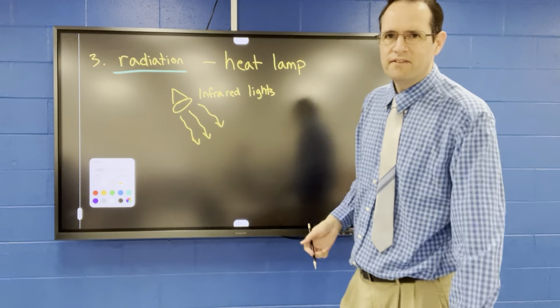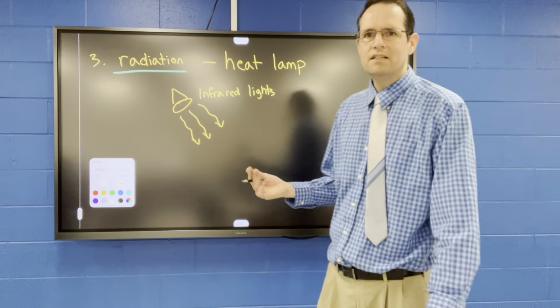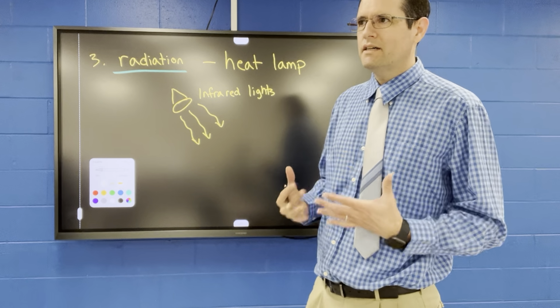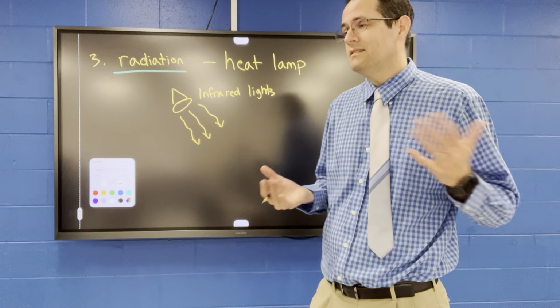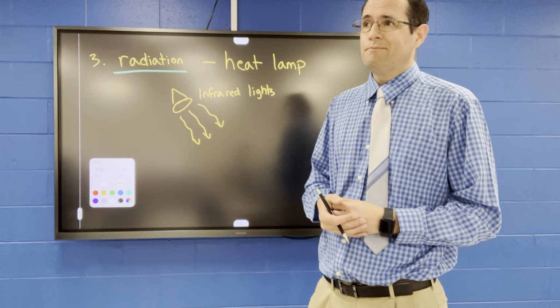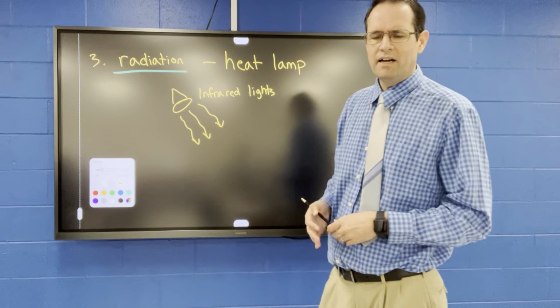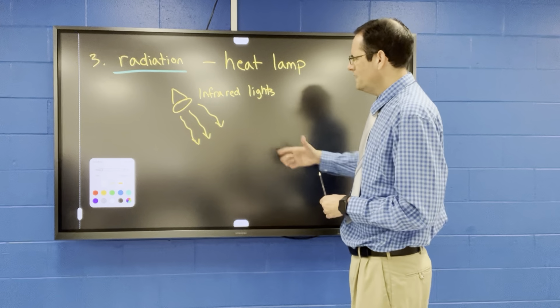And it's a form of invisible radiation that gives off heat. Our bodies are warm-blooded, and we are always giving off heat, okay? And this is the same kind of radiation, okay?